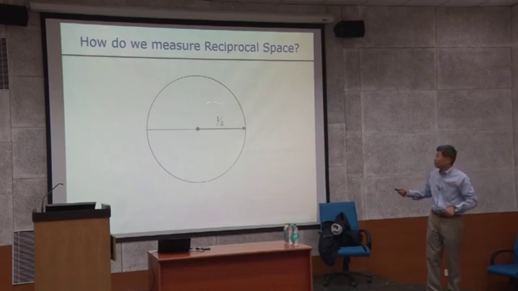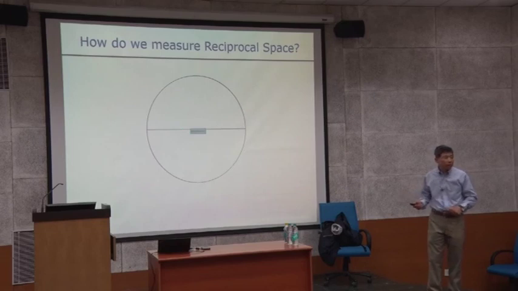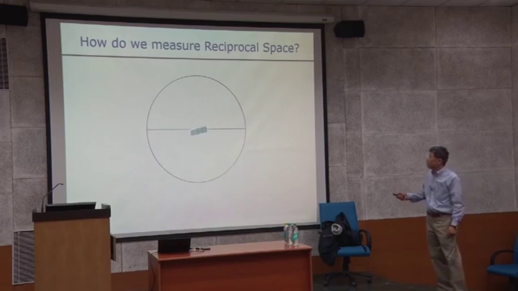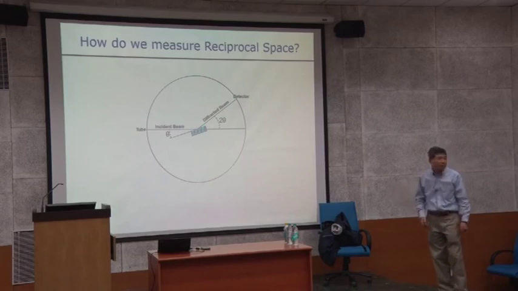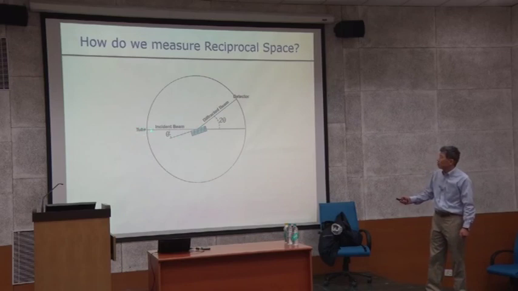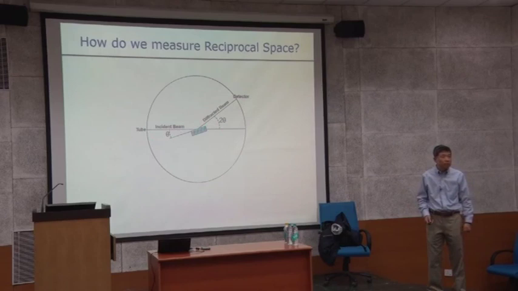I'll talk about lambda here, but you put your sample here, and this sample has a plane. This plane can rotate like this, and with your theta and 2 theta geometry, the incident beam comes from here, the X-ray tube sits here and the detector sits here. You have a theta angle here, another theta angle here, and a 2 theta angle here.